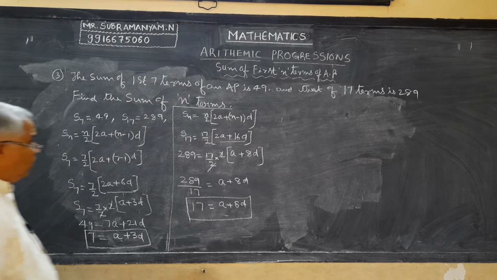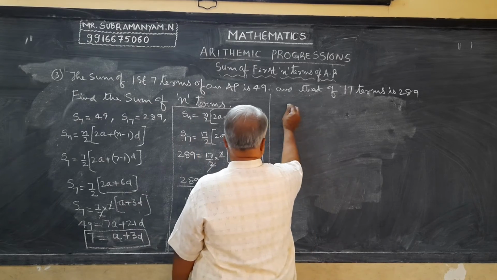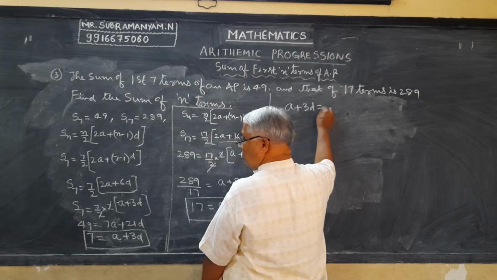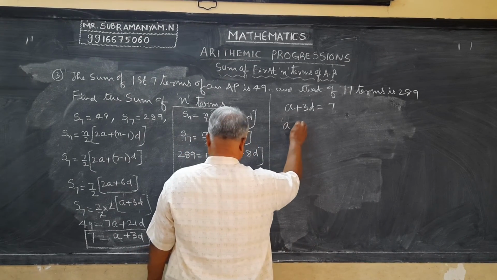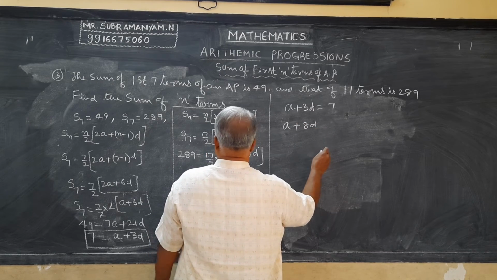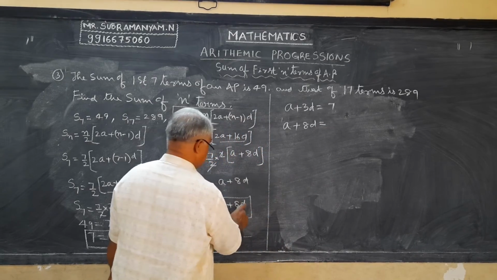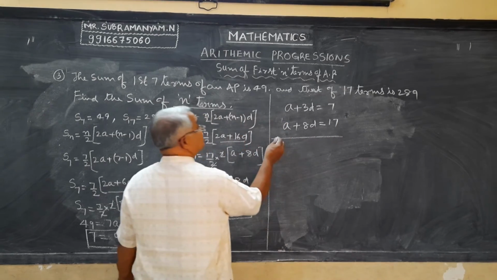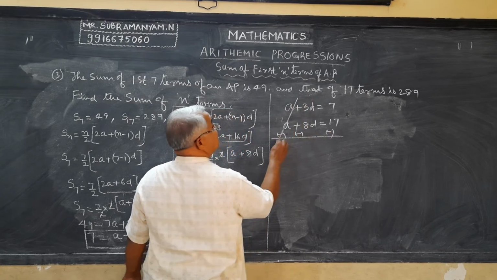Now, when we solve these two, we get the value of a and d. First one, a plus 3d equal to 7. Second one, a plus 8d equal to 17. Now we subtract, change the sign. a and a will cancel.